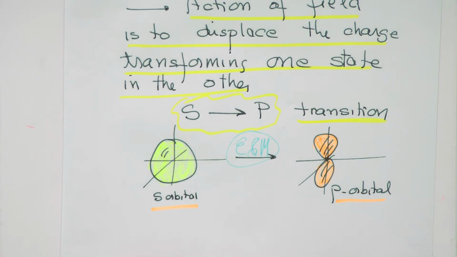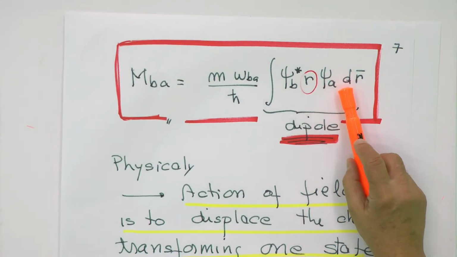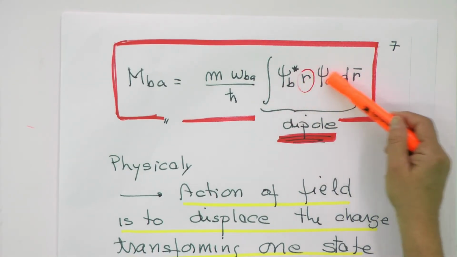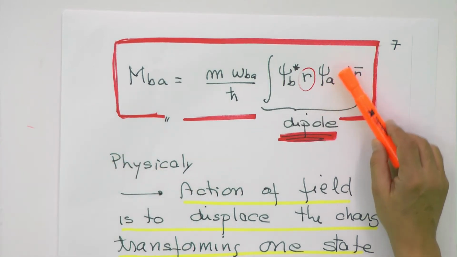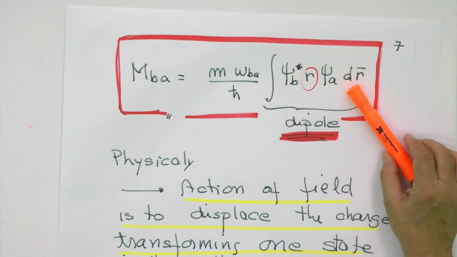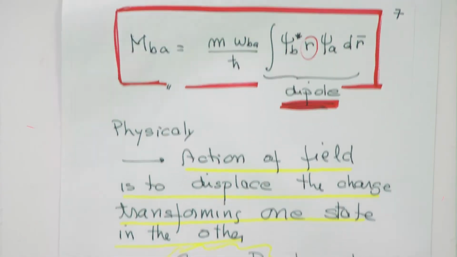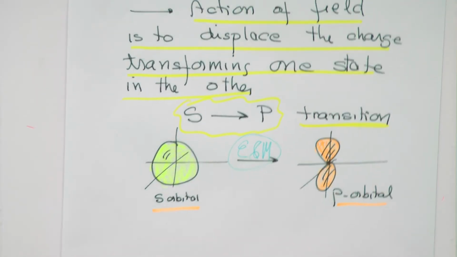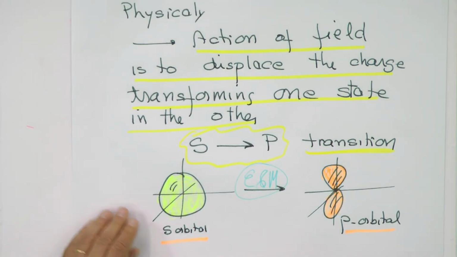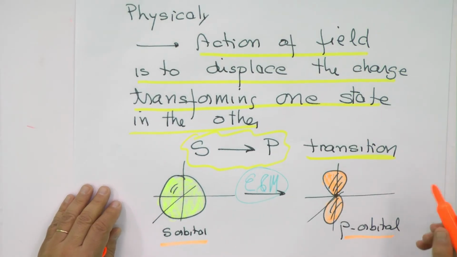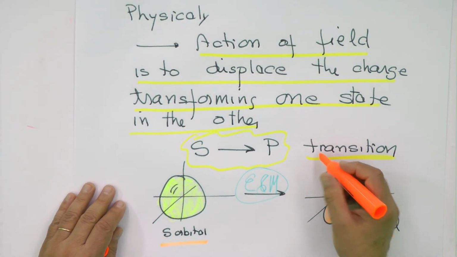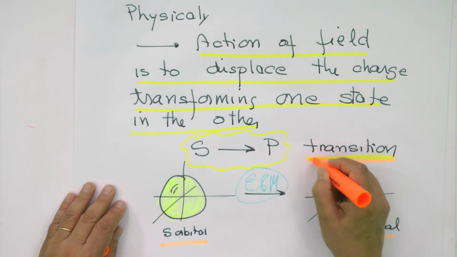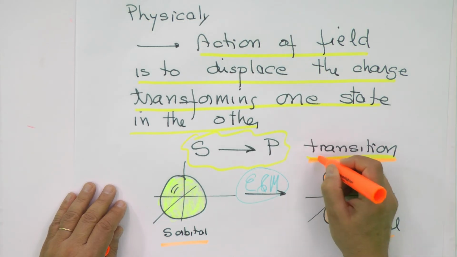So physically, what this matrix element is saying is that by displacing the charge distribution of orbital A, roughly speaking, I reach the configuration of orbital B. And this action is really the cause of the atomic transition. These transitions are what make life possible.